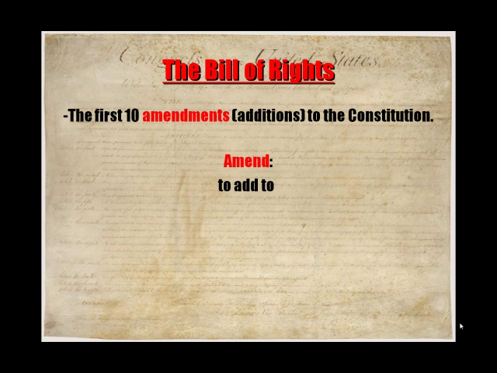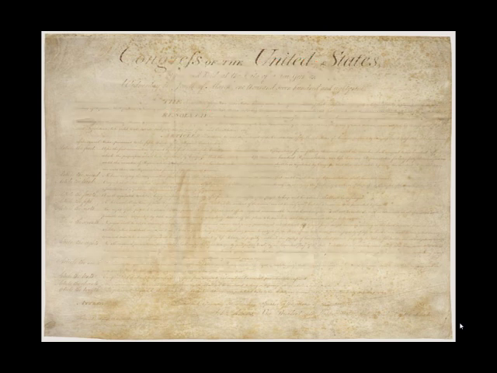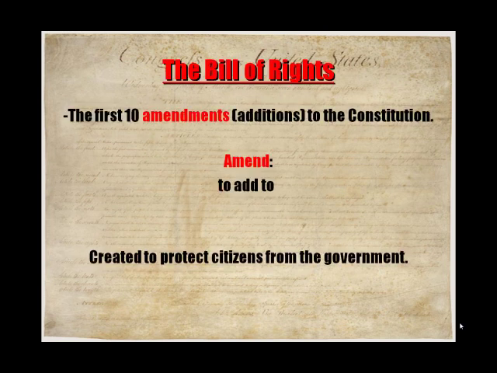So the Federalists get the Constitution, Anti-Federalists get the Bill of Rights. So they both get kind of what they wanted. The Federalists got that strong government, but the Anti-Federalists got some kind of protection for the people. And again, it was created to protect citizens from the government.